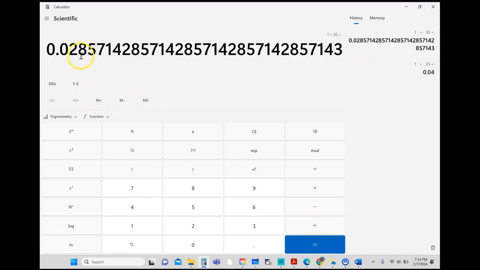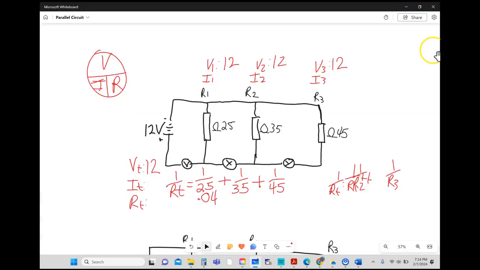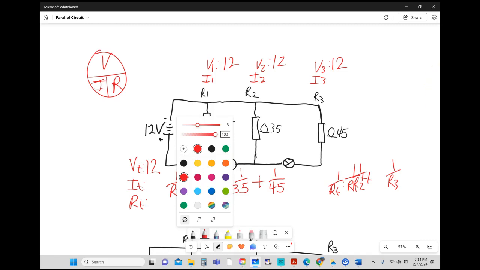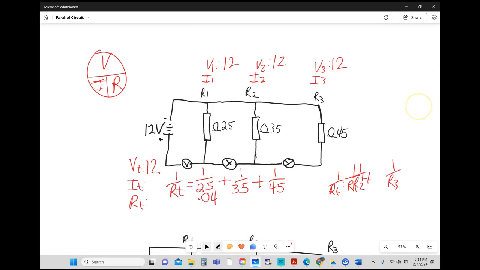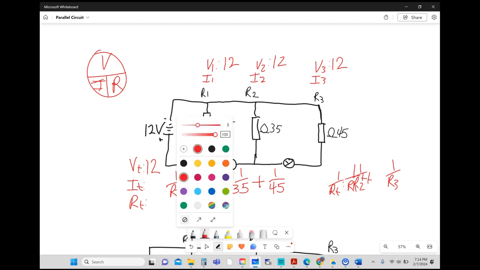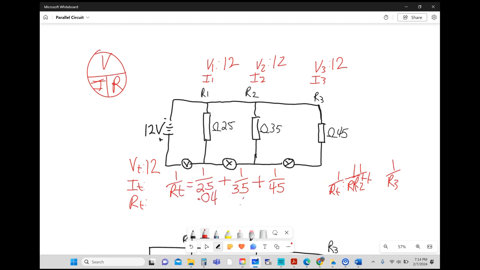We round this digit up since that's a 5. Actually, I think that was 0.29. Is that right? Yep, 0.29.